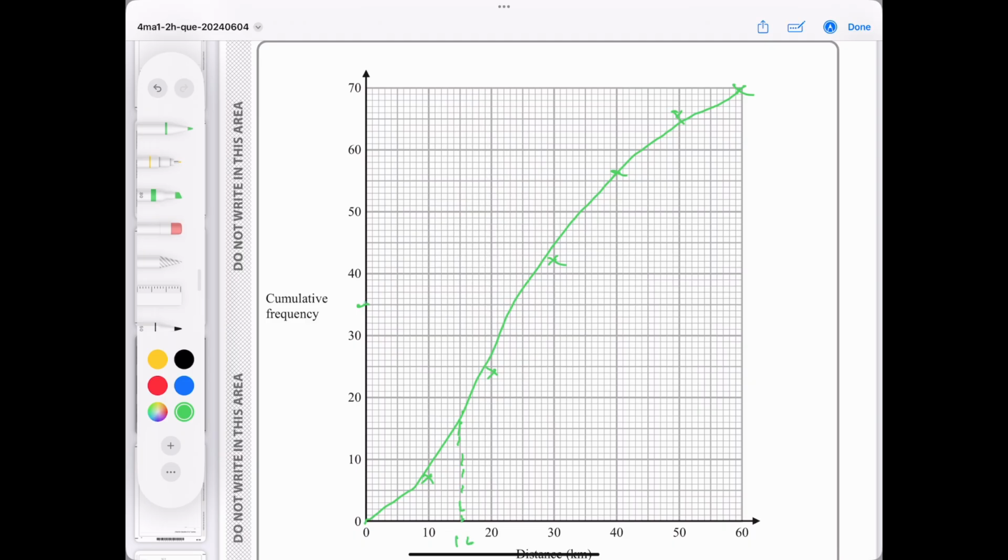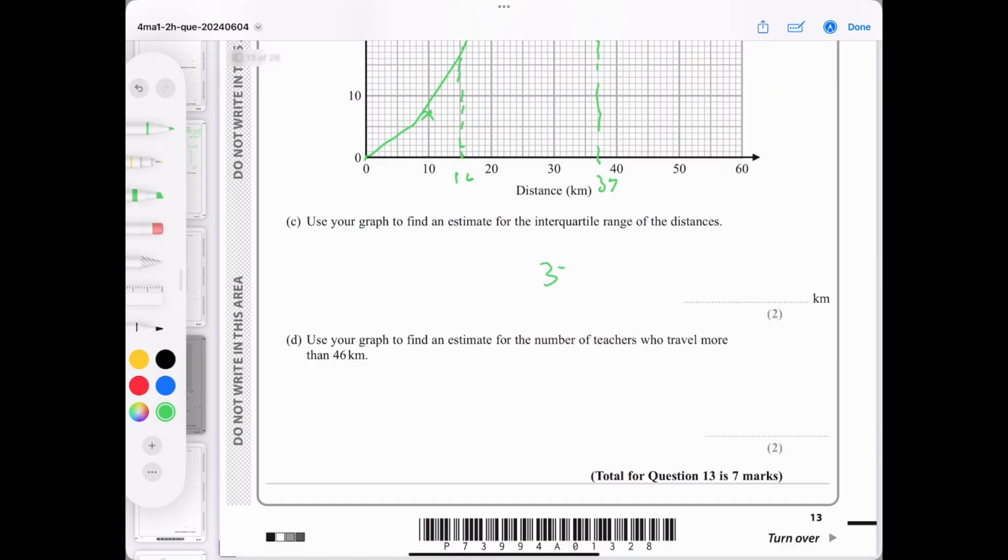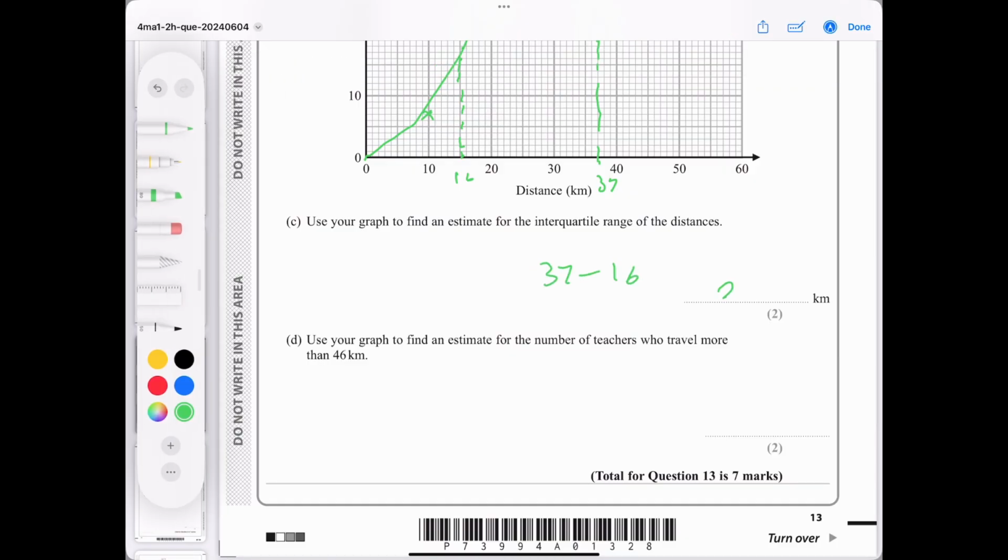And then if we add 17.5 to 35, we get 52.5, and that goes to there, and then that goes... A lot of this is just about trying to follow a line. Let's just see somewhere around there. So let's call that 37. So 37 minus 16 equals 21 kilometres.